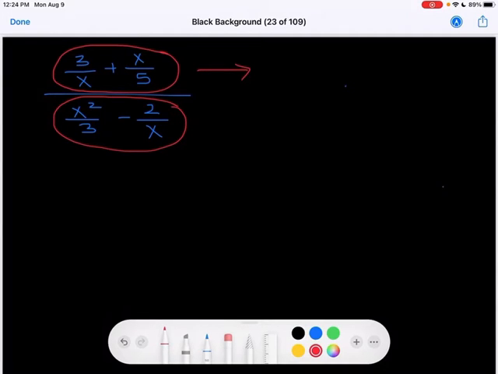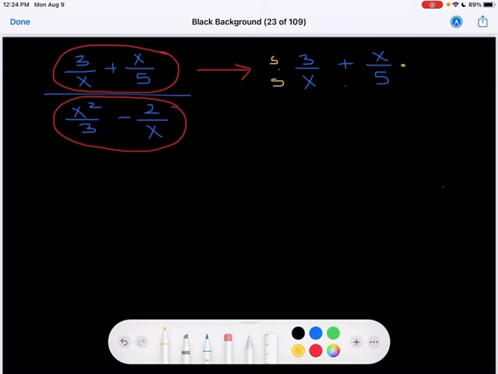The denominator of 3 over x is x, and the denominator of x over 5 is just 5. I can't factor anything out. They don't have anything in common. So I need to multiply the 3 over x by 5, because I need to have 5 in both denominators since it's in the other one. And then the x over 5, I need an x in the denominator there since it's in the other fraction.